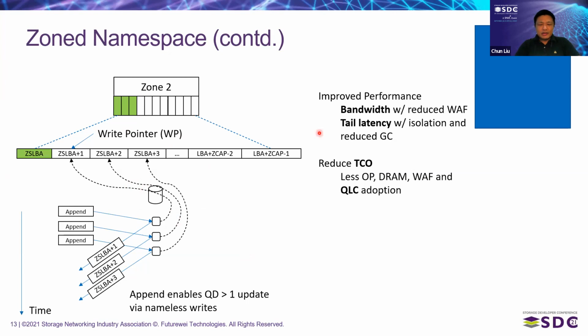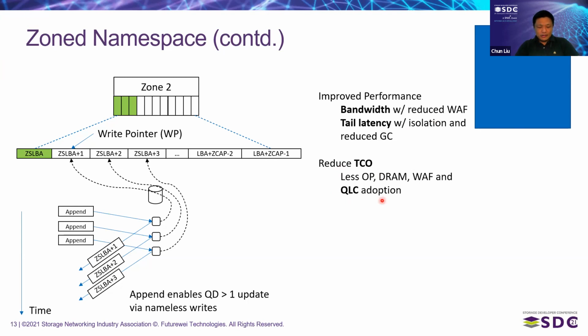As we can see here, zoned namespace improved performance, increased the bandwidth while reducing the write amplification, and improved the tail latency due to zone isolation and reduced garbage collection. Overall, zoned namespace reduced TCO by enabling less over-provisioning, less DRAM, less write amplification, and enabled adoption of QLC media.